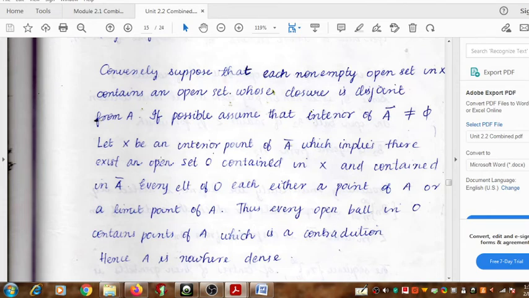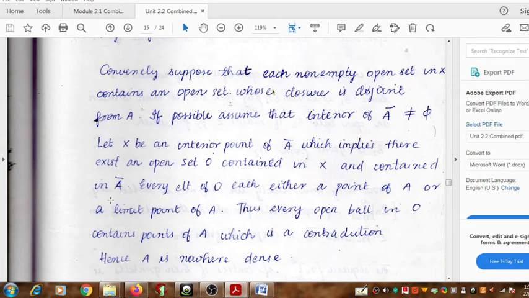The small x is contained in that open set, and that open set is contained in the closure of A, or in the interior of the closure of A. And that also is correct.